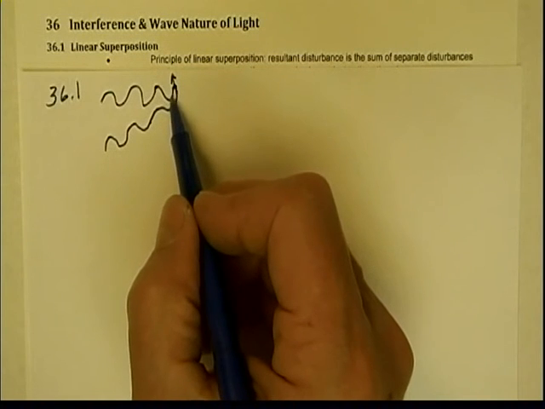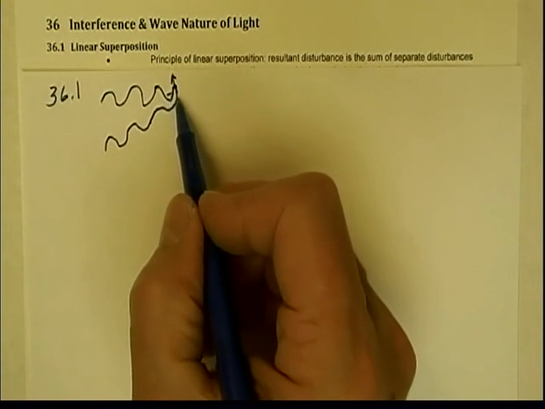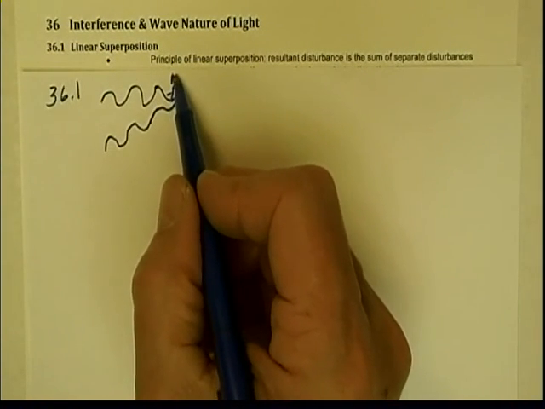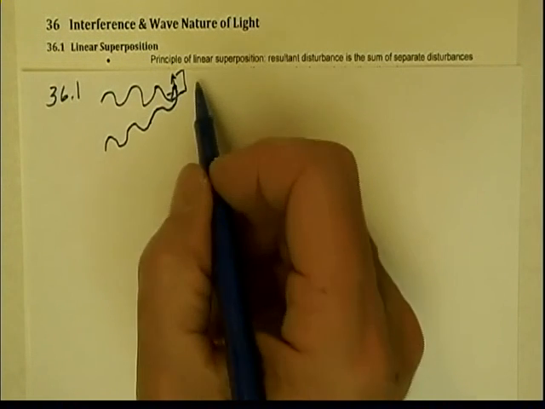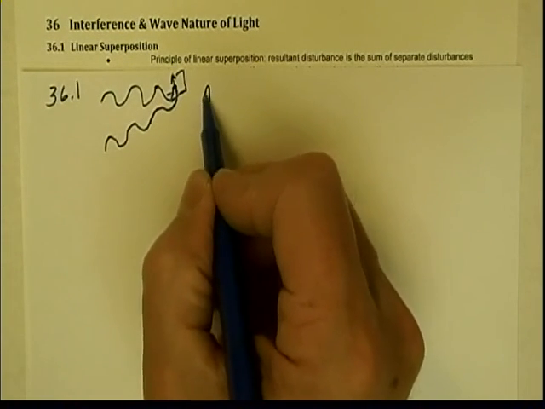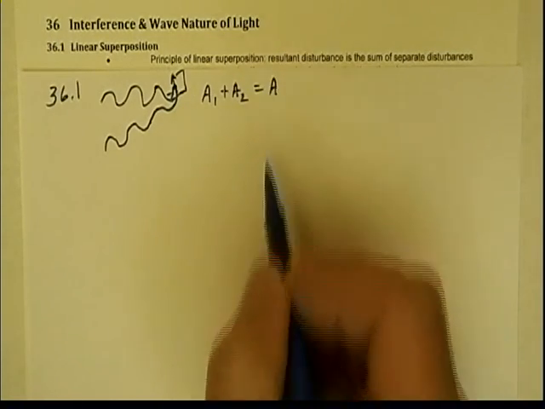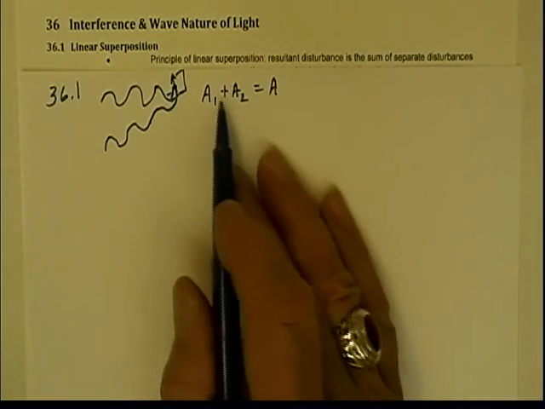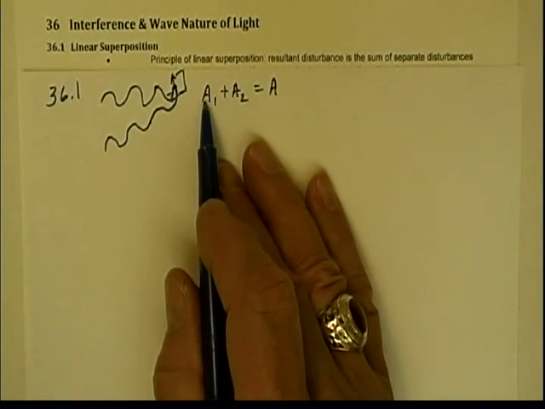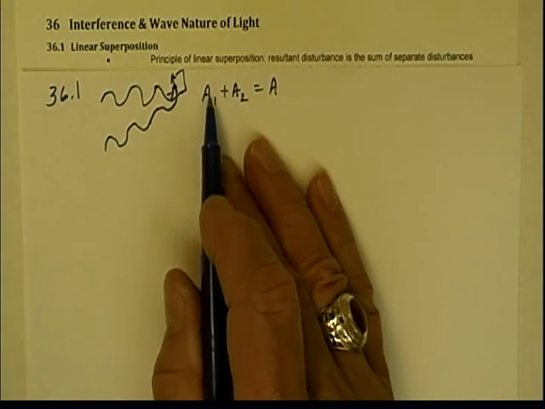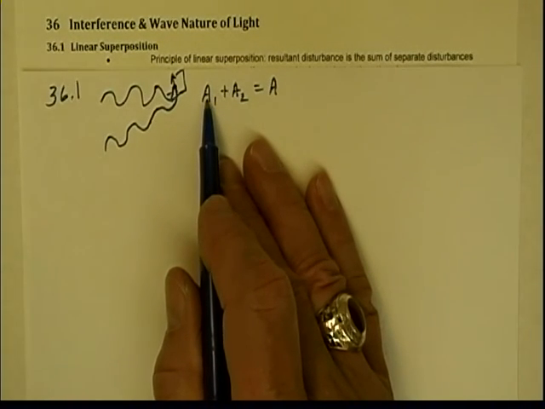And therefore, the sum of what this wave would be plus the sum of this wave would be will give us the entire wave. In other words, the amplitude of one plus the amplitude of the other will be equal to the whole amplitude.